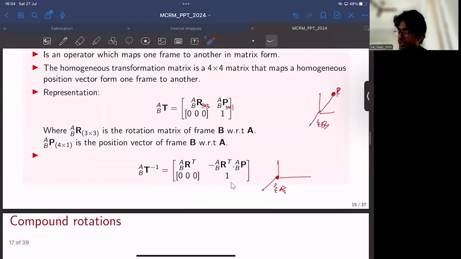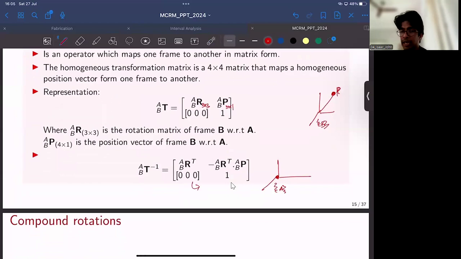The expression that you got here can easily be obtained. For example, ATB is given as the rotation matrix, which is a 3x3 matrix, and the position vector, which is a 3x1 vector, and the final row 0, 0, 0, 1.